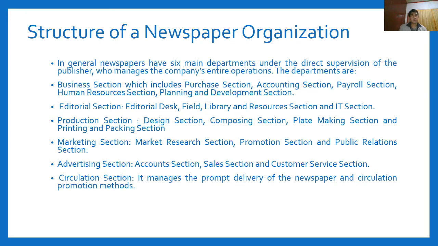There are people behind producing a newspaper, which is subdivided into six main departments under the direct supervision of the publisher, who manages the company's entire operations. Okay, they have different departments, as you can see on the screen.